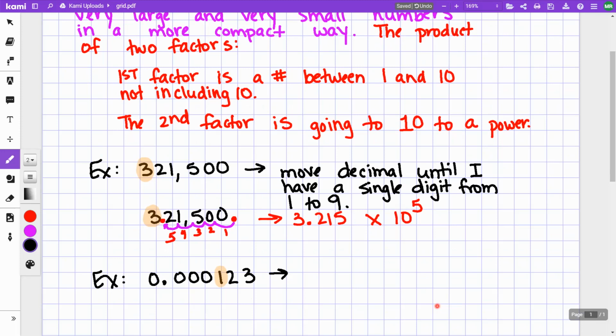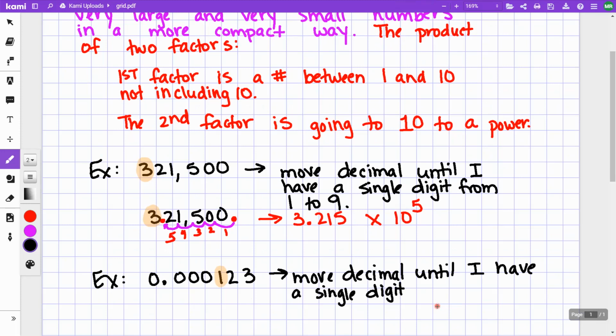So I am going to move the decimal again until I have a single digit, and this is important, from 1, okay, not 0, from 1 to 9.